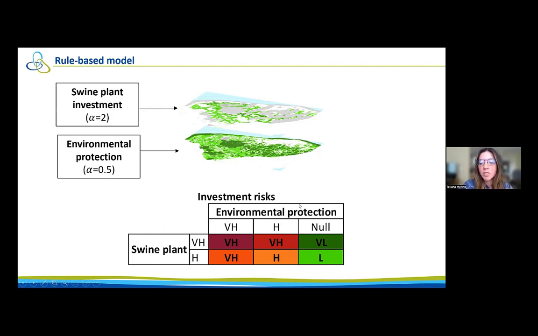If the environmental protection suitability was high, then the investment risks were very high and high for swine plant, very high and high suitability respectively. Else, the investment risks were very low and low for swine plant, very high and high suitability respectively.